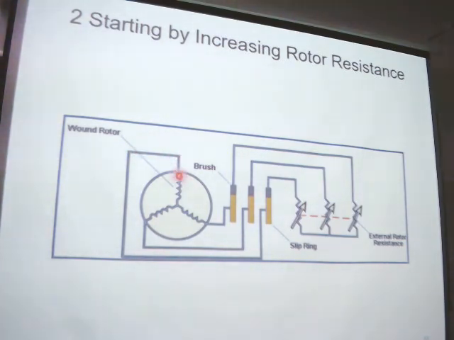This is the stator. This is the rotor, this is the rotor winding, because this is a wound rotor motor. So the stator winding is not changed in this method.